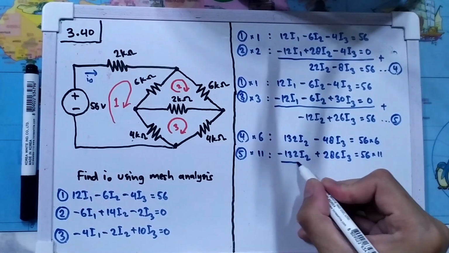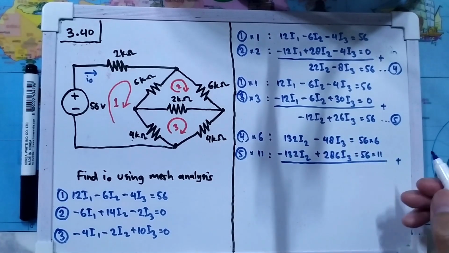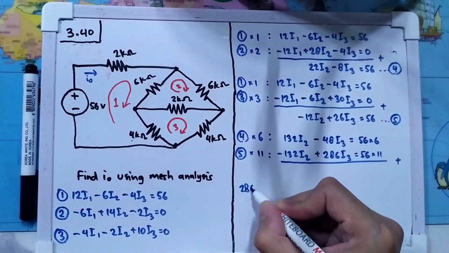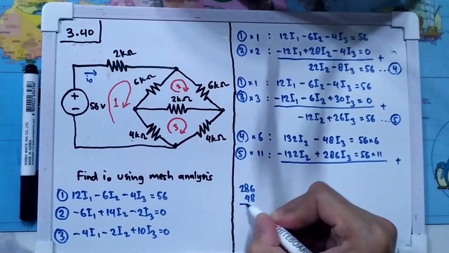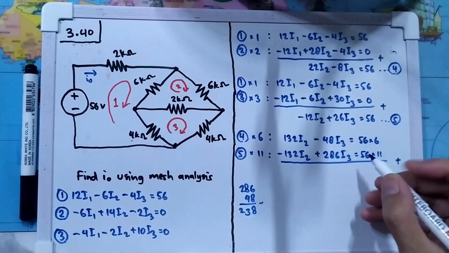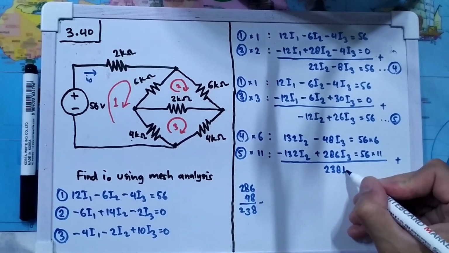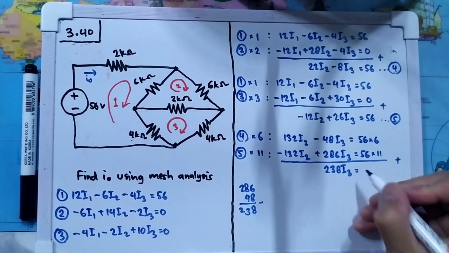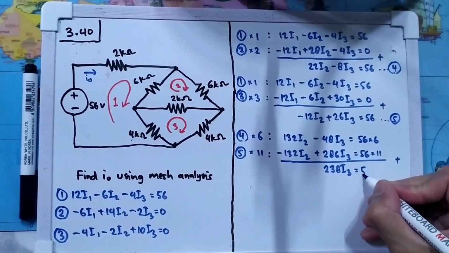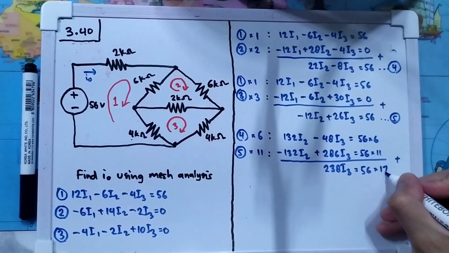So let's add, and this will be cancelled, and what's that? 200 and 83, okay, 238 I3, and that will equal to 56 times 11.